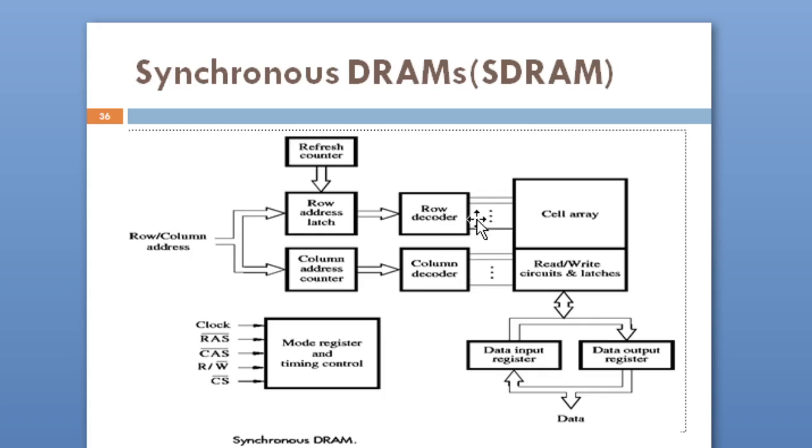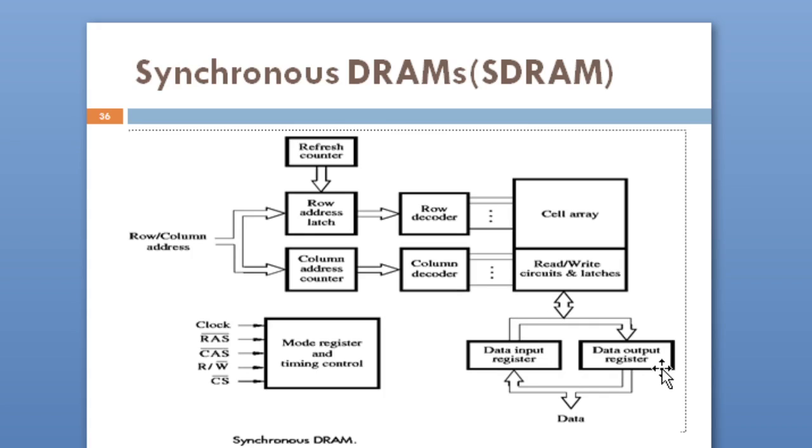The row decoder decodes the row address, and based on that row address the memory cells will be fetched to retrieve the data. These memory cells are connected to read or write circuits and latches, and this circuit is connected to the data input register and data output register, and these two are connected to the data lines.